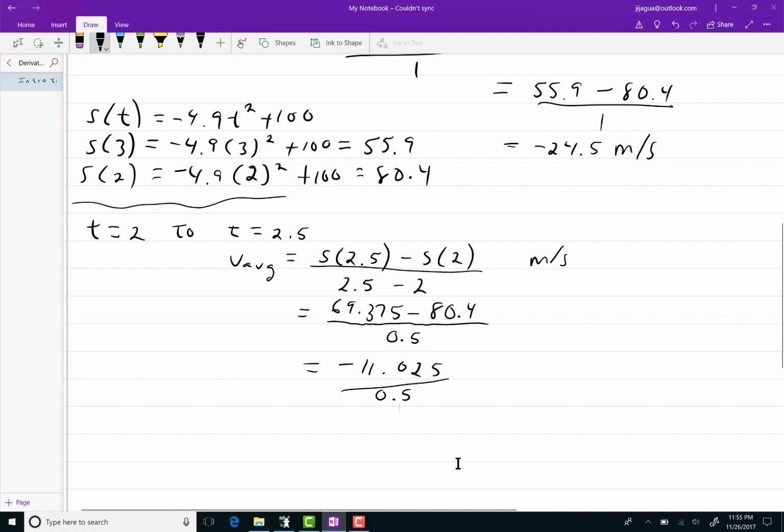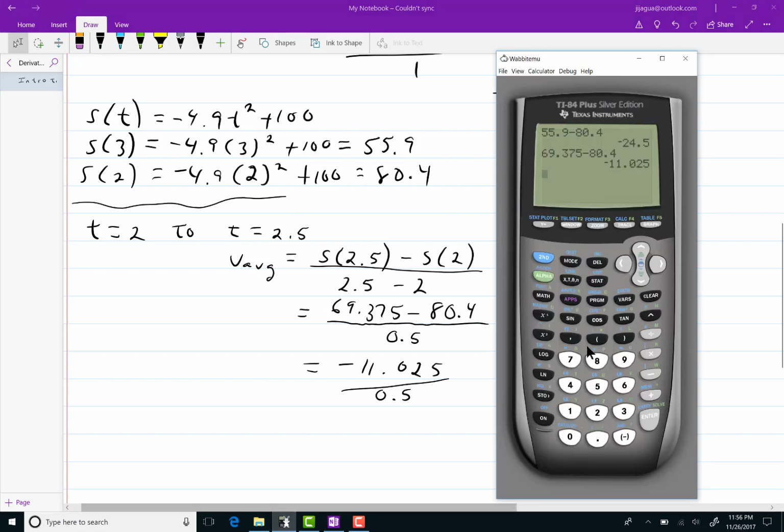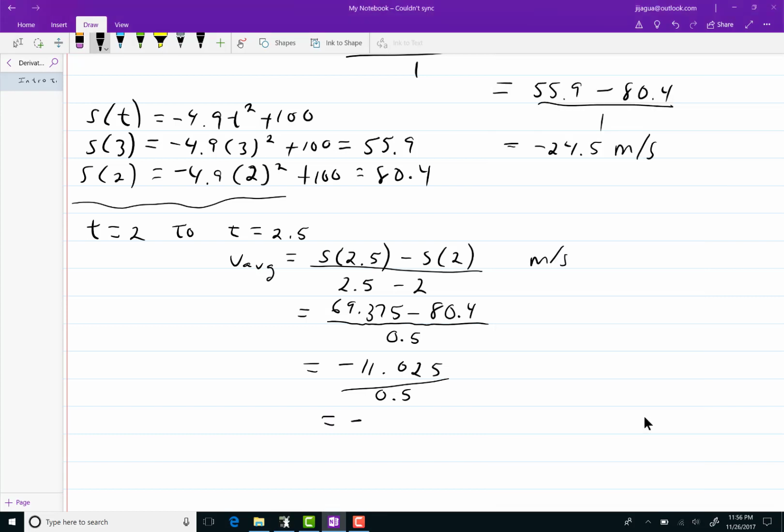So let me complete it by dividing by 0.5, and we end up with negative 22.05 meters per second.